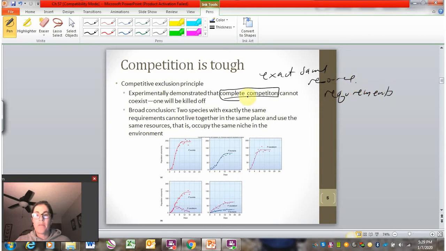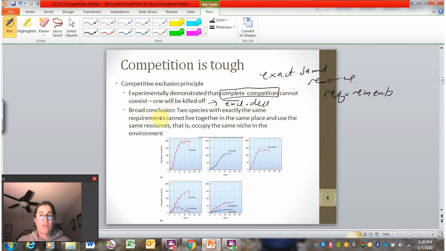If you put complete competitors together, they cannot coexist. One will be killed off or excluded. So that's where the term comes from. So the competitive exclusion principle says that complete competitors will cause one of those organisms to be excluded or killed off.